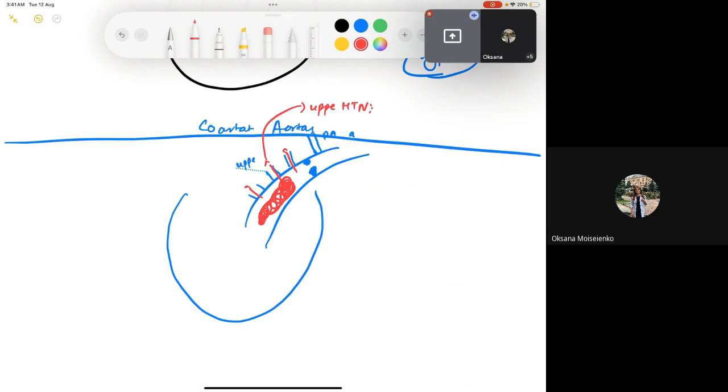It can also be associated with bicuspid aortic valve, right? So hypertension in the upper extremities is a really important factor, which is going to be seen in coarctation of the aorta. And if the aorta is stenosed here, you would have less blood supply to the lower extremities, because this is the descending aorta.